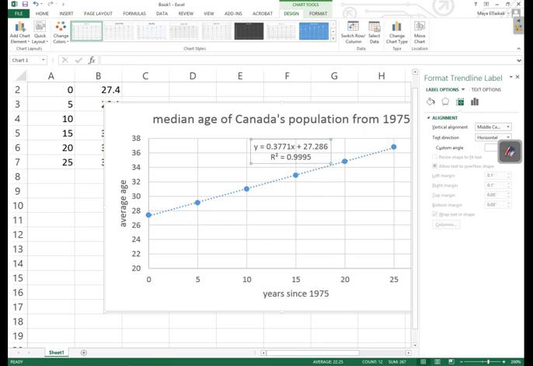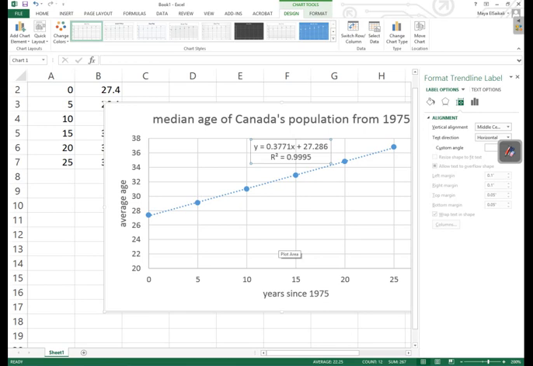So, if you look at this equation of the line, what can you tell me? What does this tell you? It tells you the slope, which is 0.3771. That's right. So that means every year the age is going up by 0.3771. How about the 27.286? What does that represent?